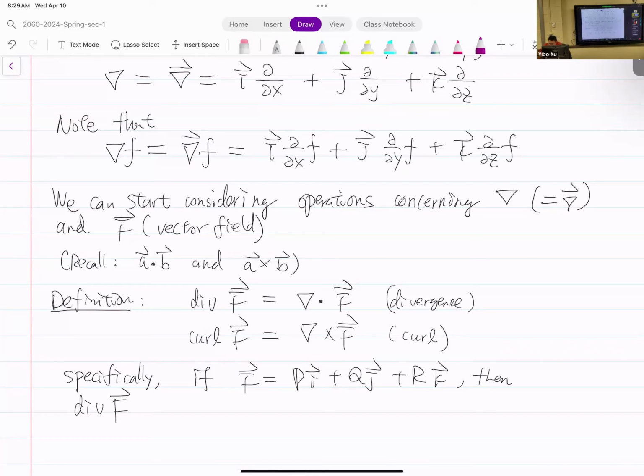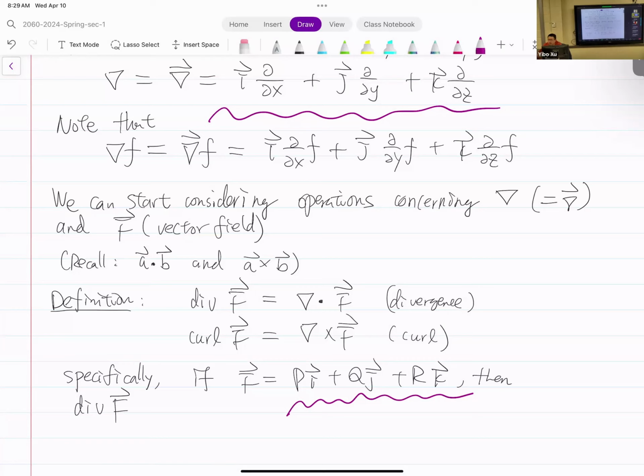When you think about this, nabla is the operation that's underlined on the top of the page, right? And then if you're dotting with the vector field, when we were doing the dot, we're just multiplying the x components together, right? So that's the partial differentiation operation applied to that multivariate function P, right?